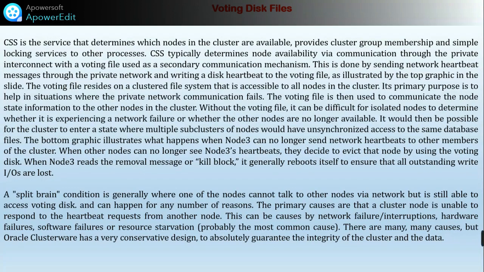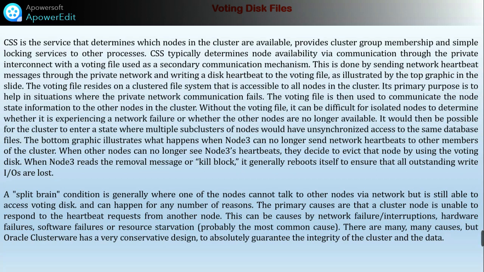Voting disk files. CSS is the service that determines which nodes in the cluster are available, and provides cluster group membership and simple locking services to the processes. CSS typically determines node availability via communication through the private interconnect, with the voting file used as a secondary communication mechanism.